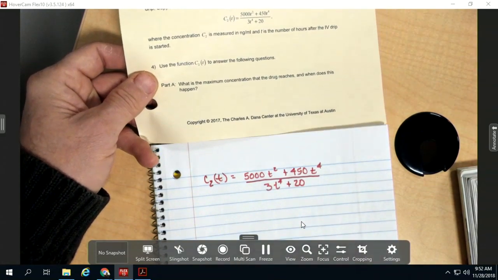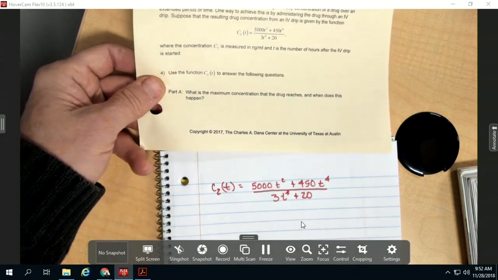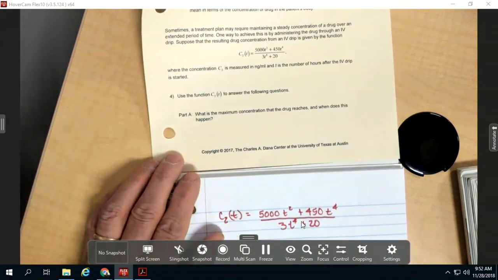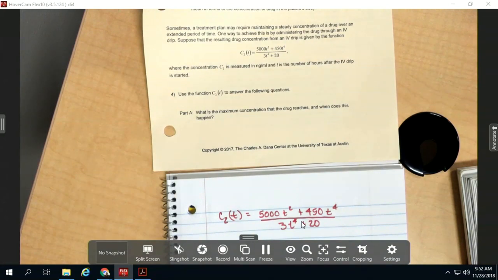Now I think they kind of tried to disguise what was going on here with the way they wrote it, but we'll go through it just exactly the way they have it. Use the function to answer the following questions.